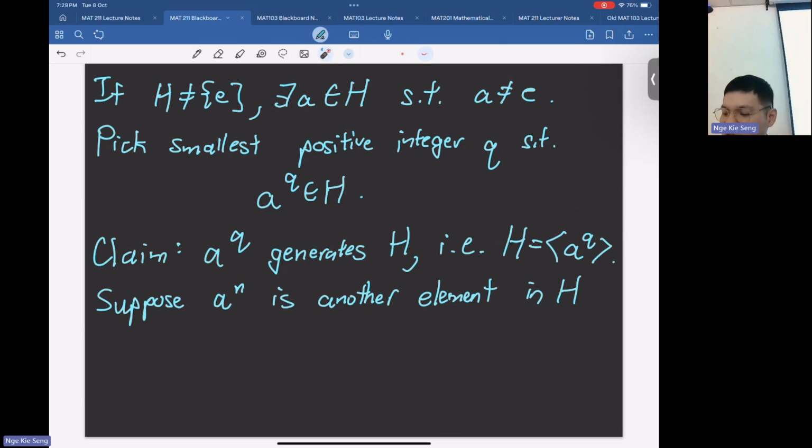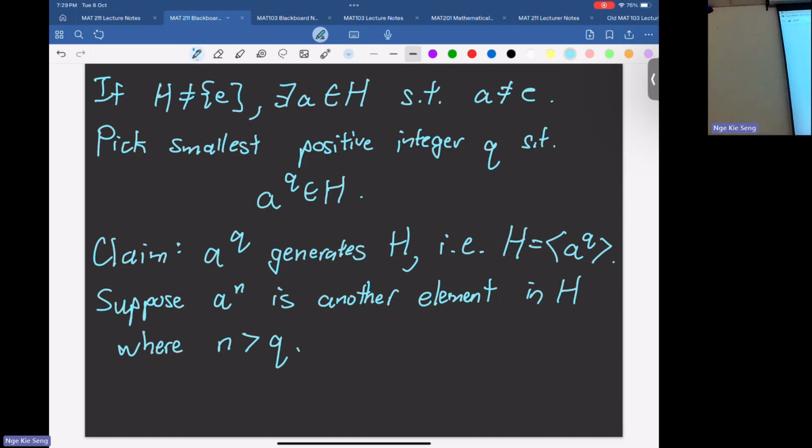So suppose A^n is another element in H, then we will see that n has to be strictly greater than q. Why? Because we assume q to be the smallest integer. If there's another A^n inside there, n has to be greater than q. Okay, agree?